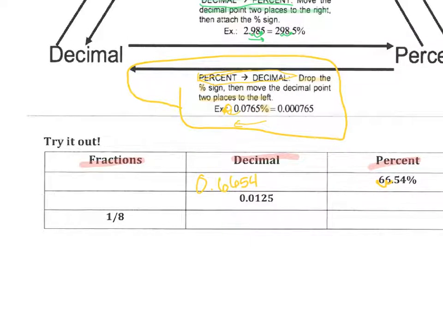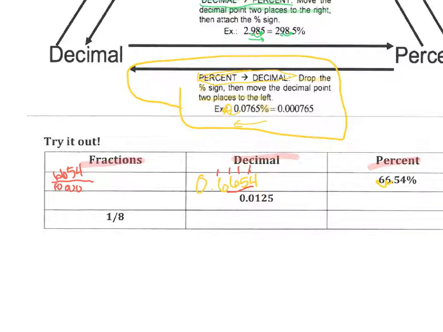We always want to put our fractions in simplest form. So I can do that by plugging it into my calculator, which will be able to tell me the way to simplify that.